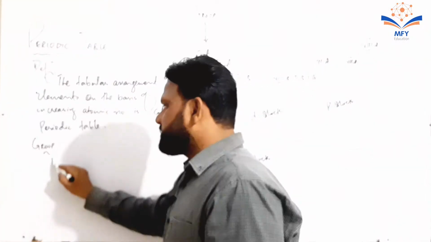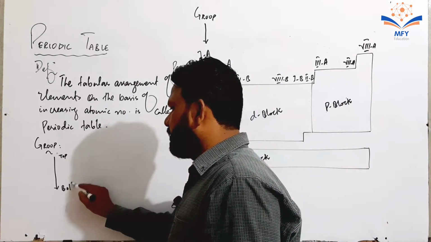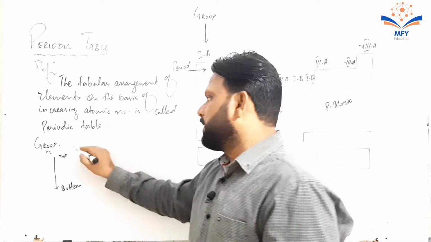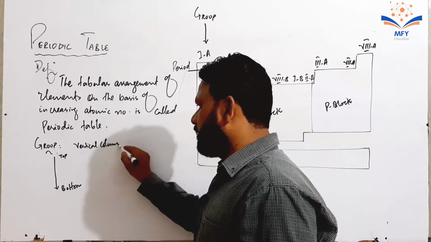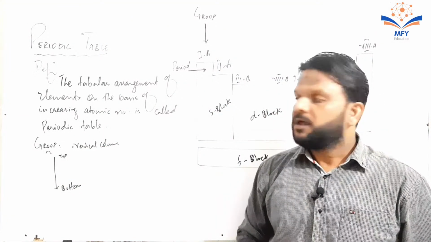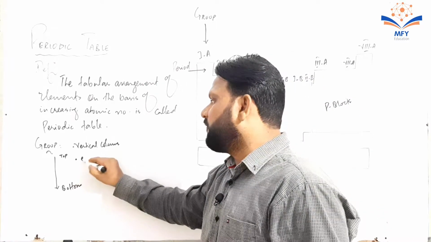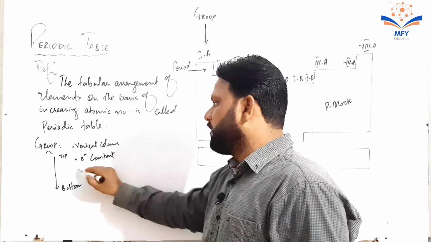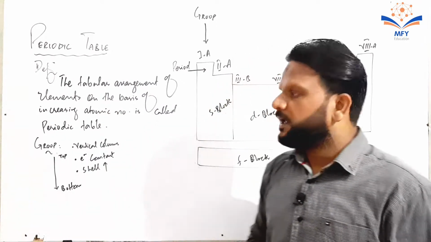In a group, we always move from top to bottom. What is a group? Vertical columns of elements in the periodic table are called groups. When we move from top to bottom in any group, the number of electrons in the valence shell remains constant while the number of shells increases.